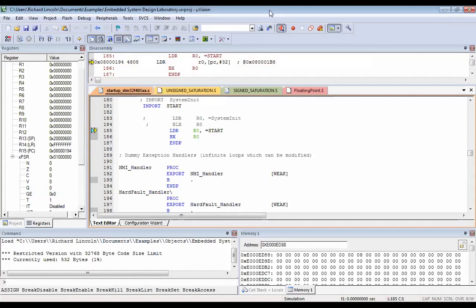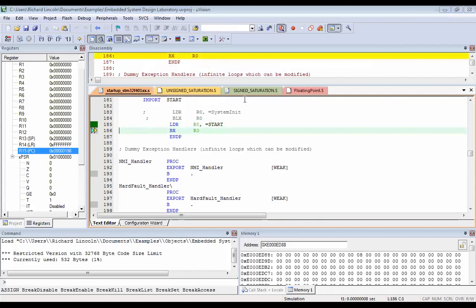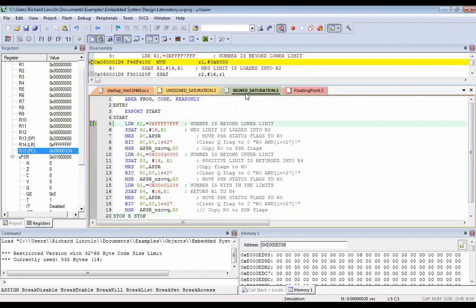So let us start with the execution. I'm just giving a number, so that number comes and sits here in R1. I'm doing the stepwise execution using F11. And after that, it's going to check the limit.